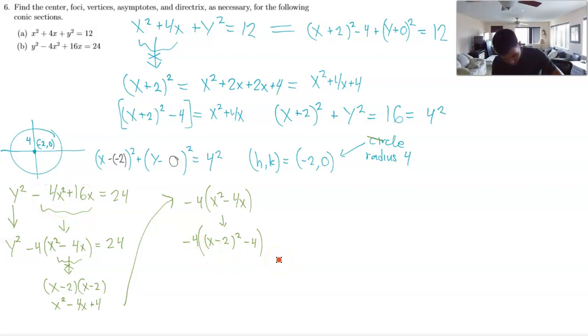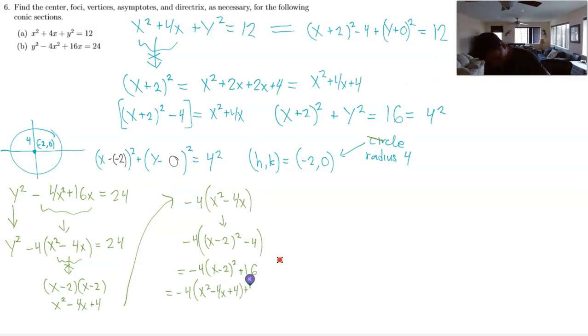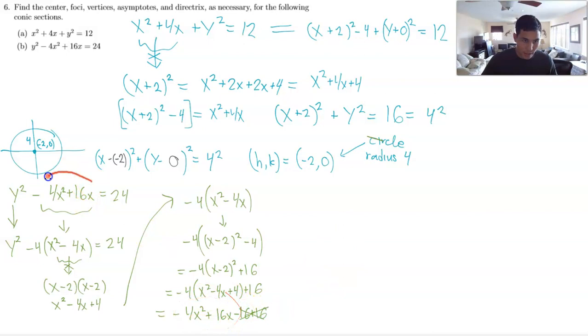Let's check. This will be -4 times x minus 2 squared plus 16, and then this will be equal to, we'll completely check here. We have x squared minus 4x plus 4 plus 16, and that is equal to -4x squared plus 16x minus 16 plus 16. The 16s can go away. And look at that guy. That's exactly what we had there.